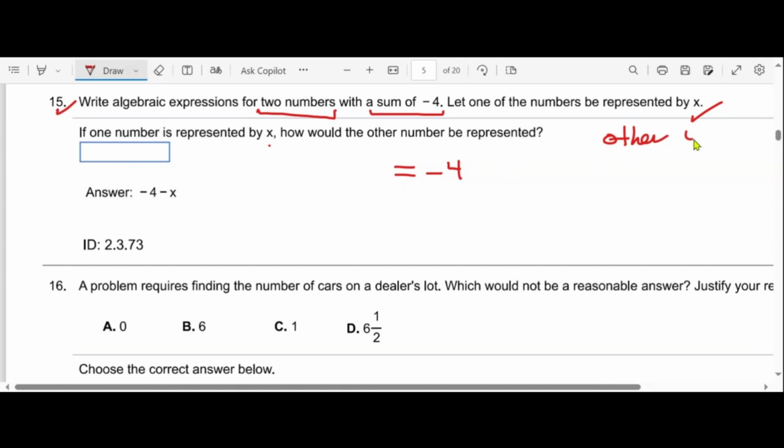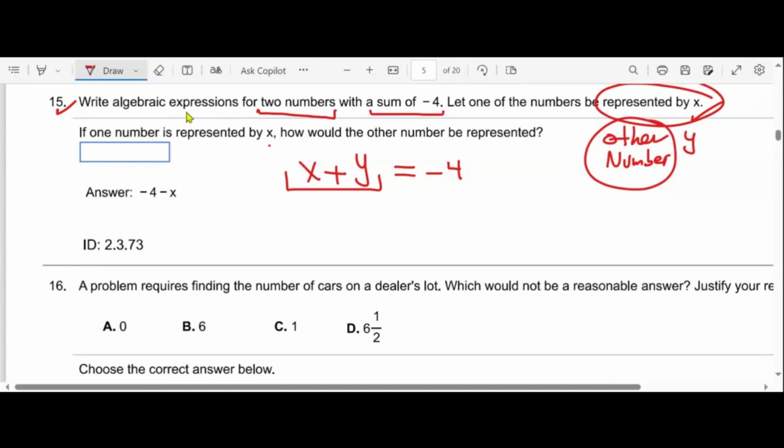We can say y. So one number is x and the other number is y. So we're going to write x plus y. Why do we say x plus y? Because he said the sum of the two numbers equal -4.